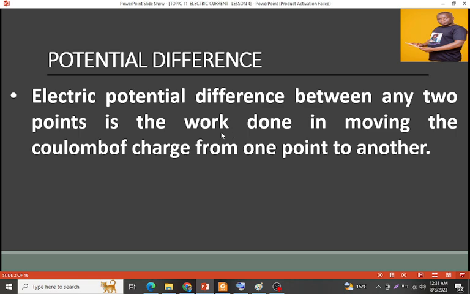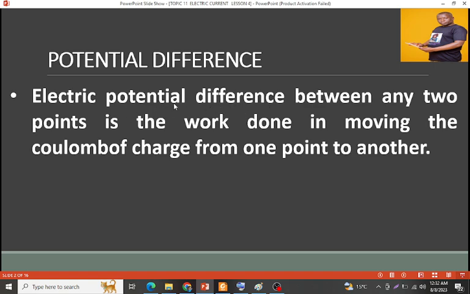For the charge to flow, we need energy. Energy should be there to do work or to move the charges from one point in the circuit to another point in the same circuit. So that work done on the charge to bring about electric current is what we call potential difference.